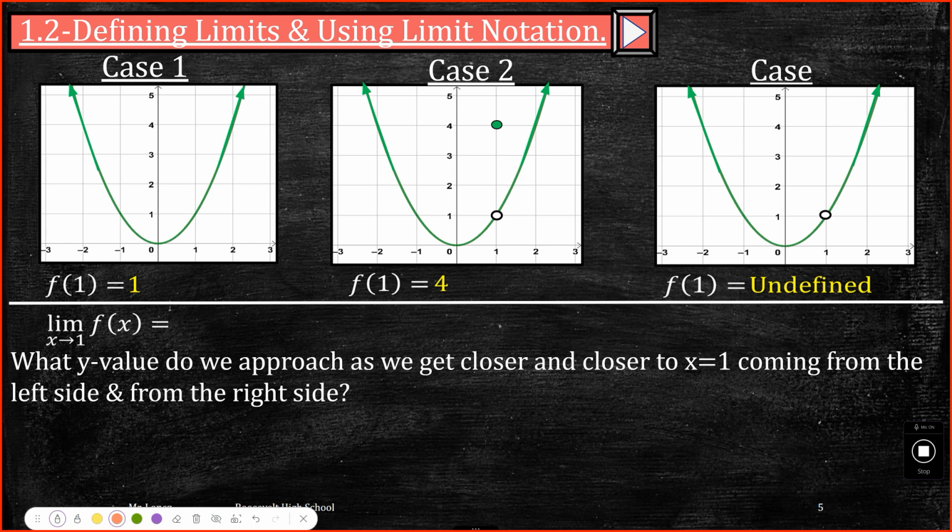What y value do we approach as we get closer and closer to x equal to 1, coming from the left and from the right side? The answer is 1. And for case number 3, the limit as we approach from the left and from the right is 1.